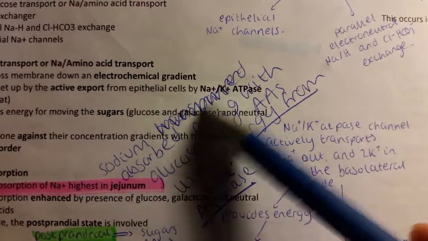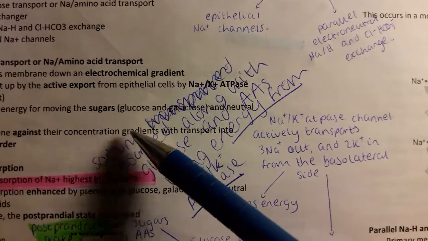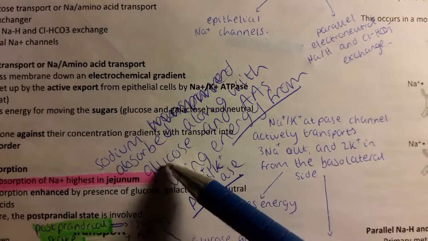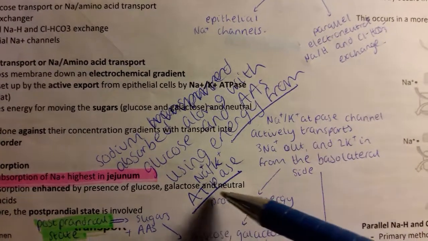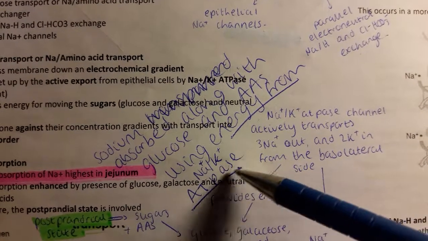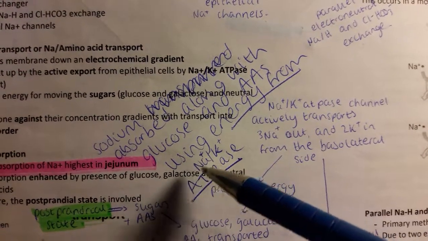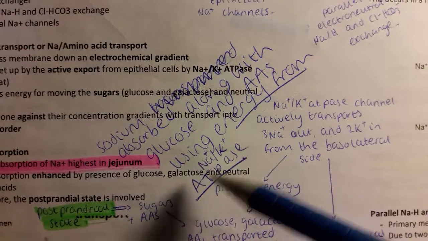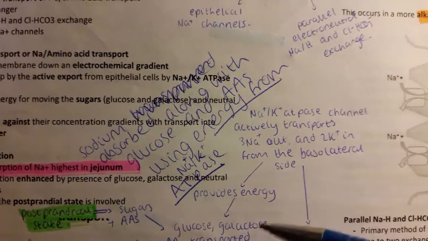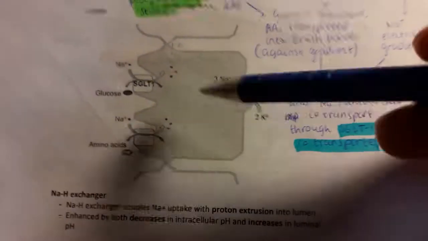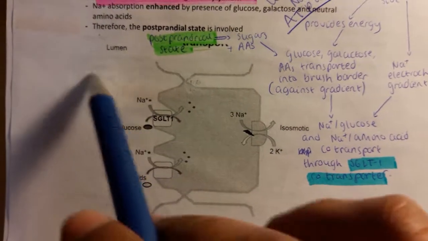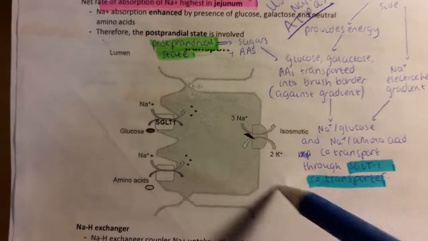So looking at the first method of sodium absorption, sodium is absorbed along with glucose and amino acids, using energy from a transporter called sodium potassium ATPase. Let me explain this. Here you've got the enterocyte, here you've got the lumen, and this is the basolateral domain.